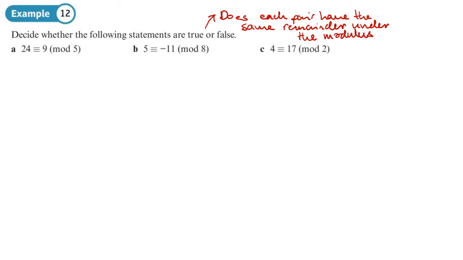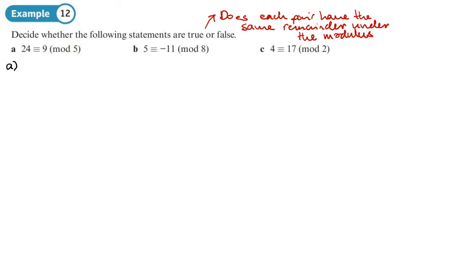There are lots of ways of working it out. Another way is to show that the difference between the numbers is a multiple of the modulus. So let's do it both ways.